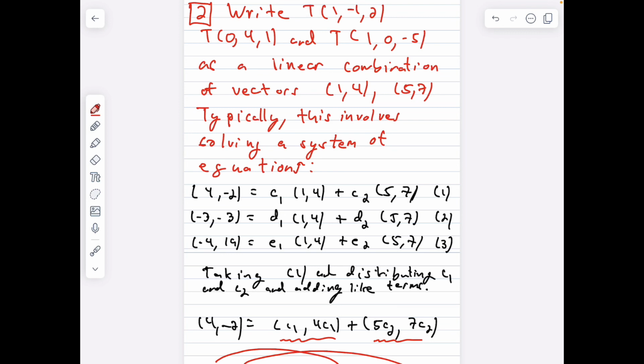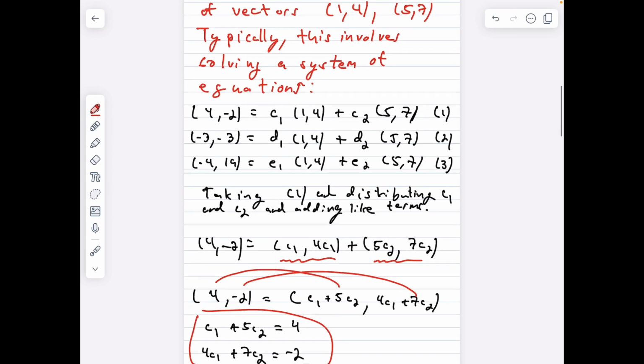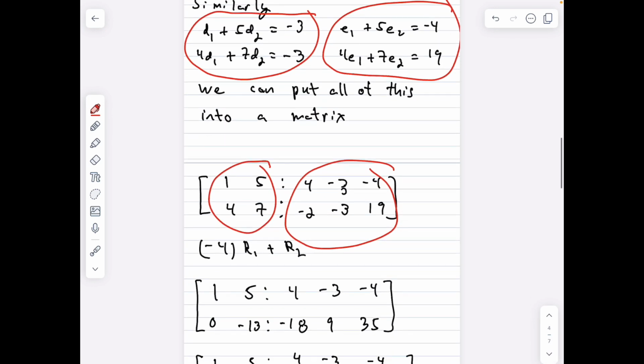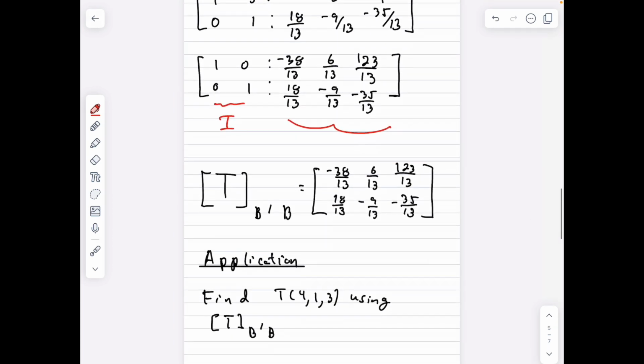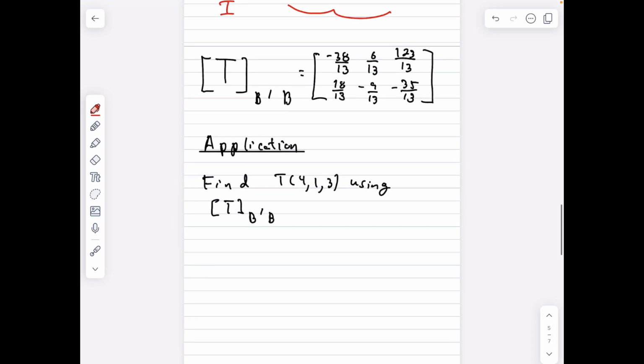In this case it's R2, and you need to solve for these constants essentially. At that point it's just working with matrices and using the techniques that you learned. I prefer to use row reduction here, as you saw, and whatever you have left is the matrix that you're looking for.